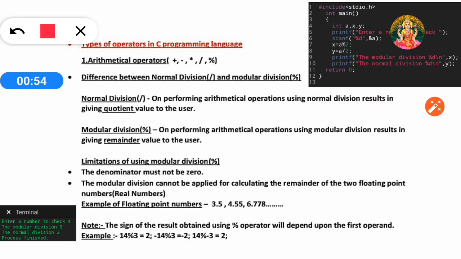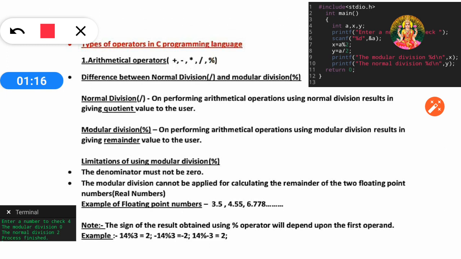Now students, what are arithmetical operators? Arithmetical operators are plus, minus, into, divide and the modular division sign. This is the sign of modular division, students, and this is the sign of normal division in C programming language.